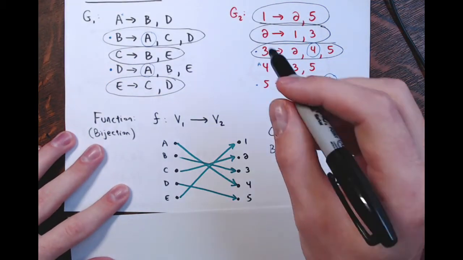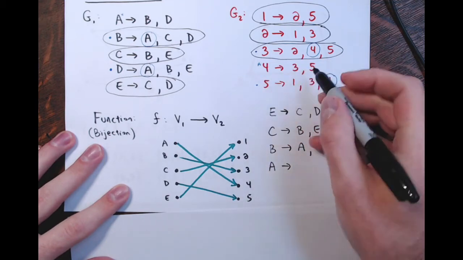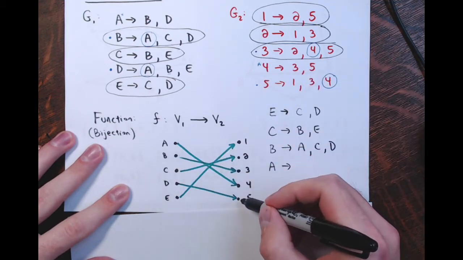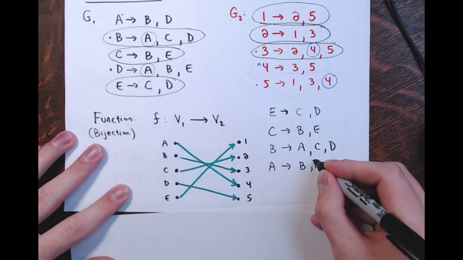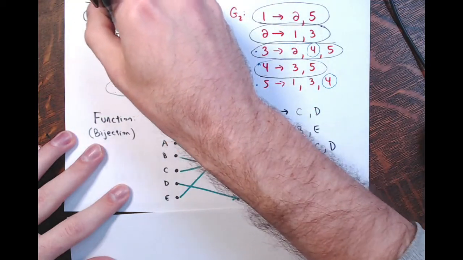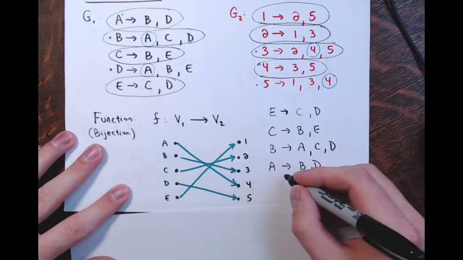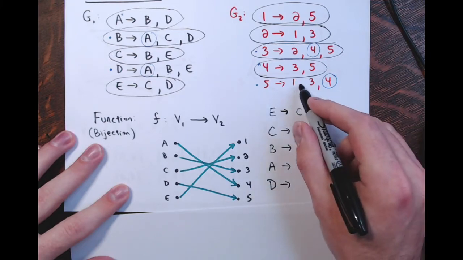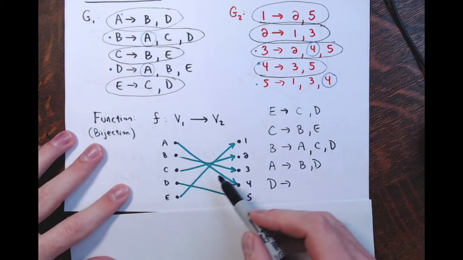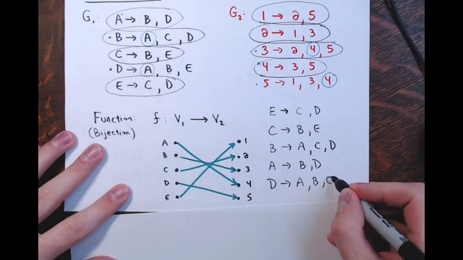And 4 is again A. 3 and 5 are B and D. So this row here corresponds exactly to this row here. And then finally, the 5 I said was mapped to D. And then 1, 3, 4 are E, B, and A, or A, B, E if I put them in alphabetical order.